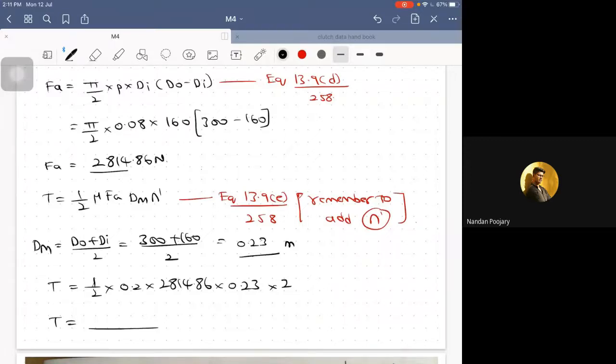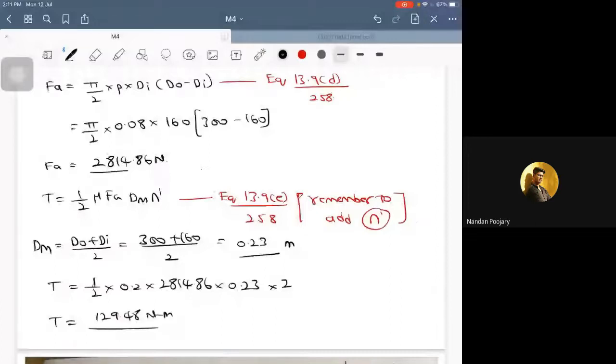Yes, 129.48. Okay, so it is 129.48 Newton meters.